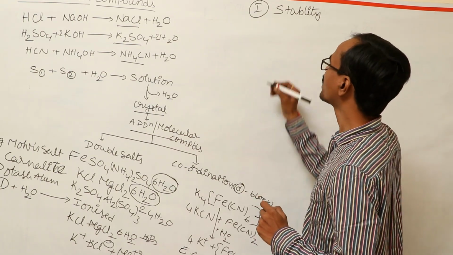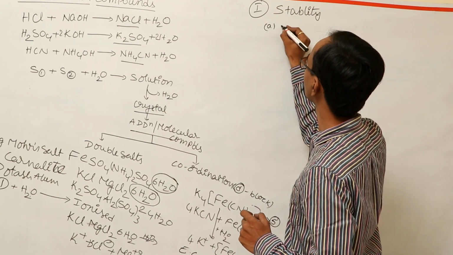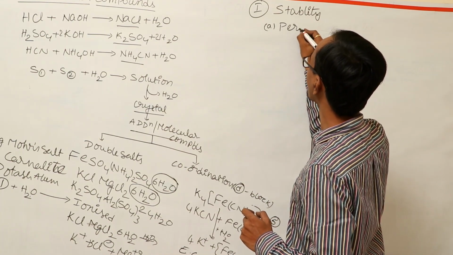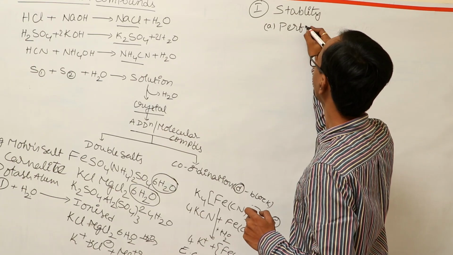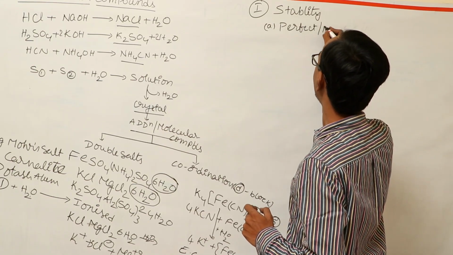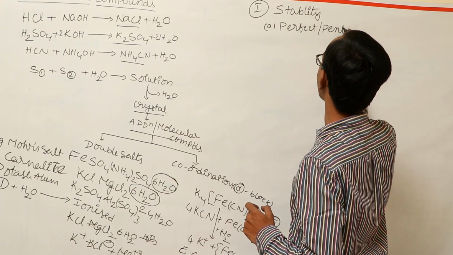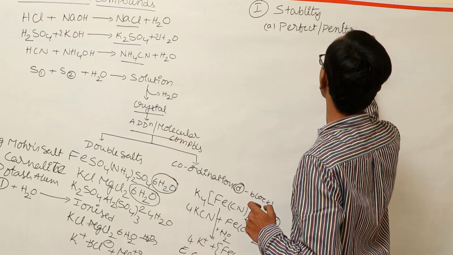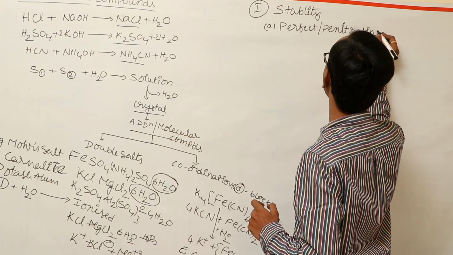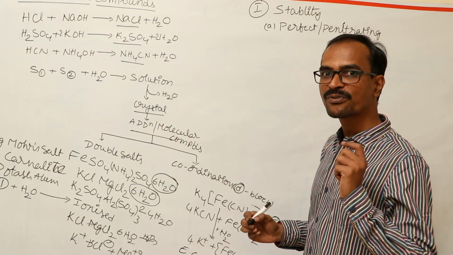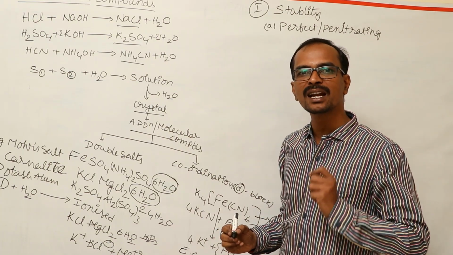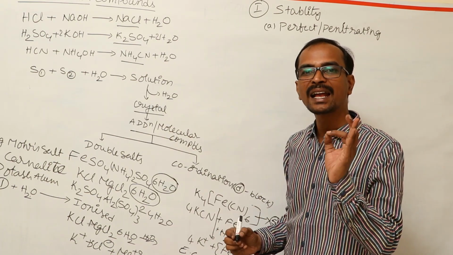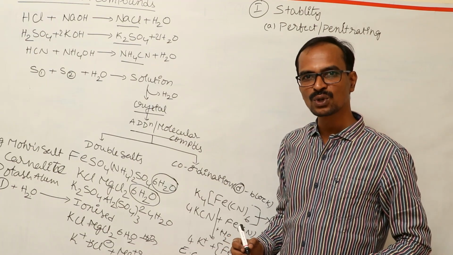The first kind are the perfect complex compounds, or penetrating complex compounds. The perfect or penetrating complex compounds are highly stable in aqueous solutions.